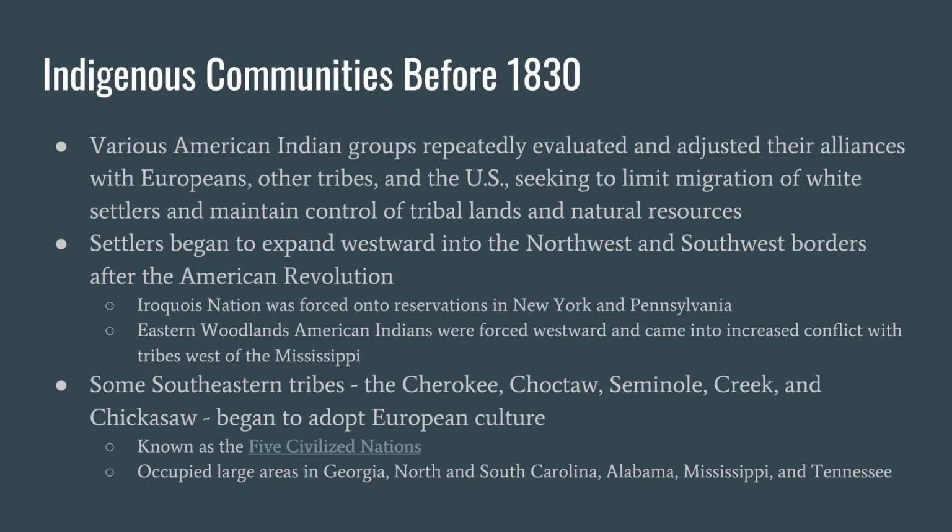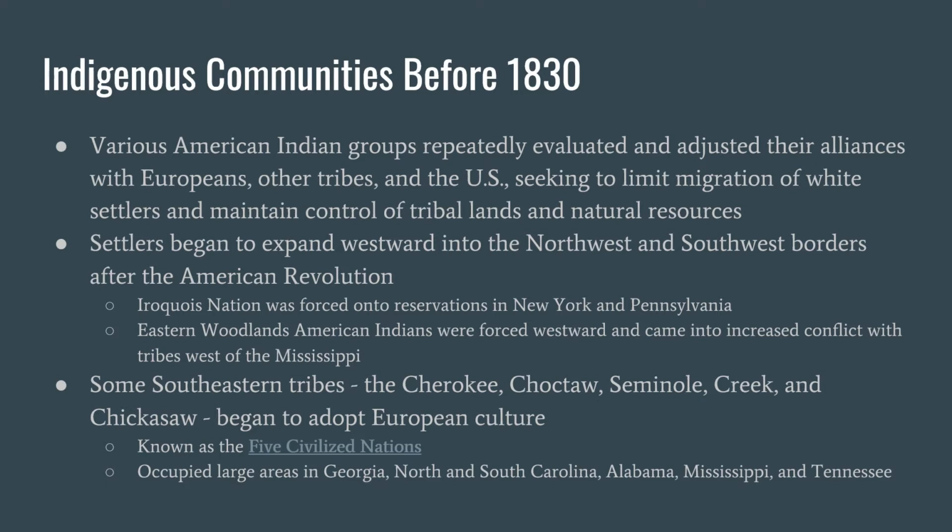We're going to see various Indigenous groups trying to adjust their alliances with Europeans, with other nations, and with the United States, really trying to limit migration west and trying to keep some of those ancestral homelands in their possession.